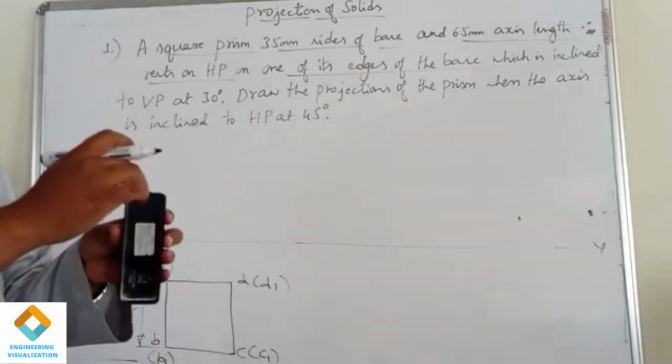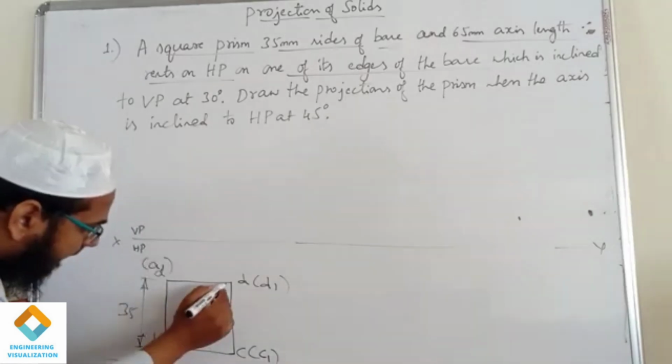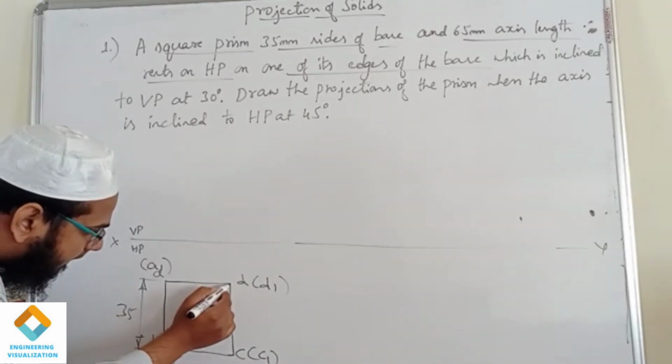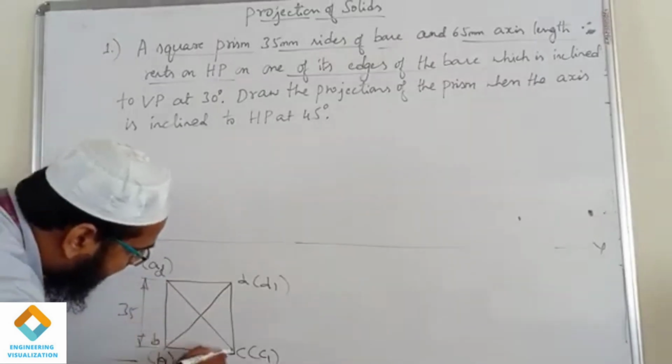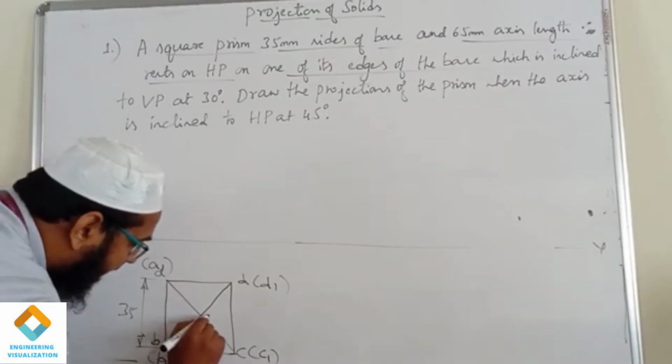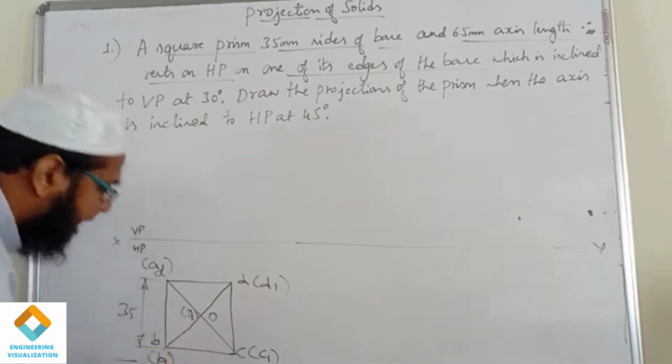We need to find the center of the axis. So how to find the axis? We will draw the diagonals here with thin lines. So here exactly the top face center O and bottom face center O1, which is in bracket.